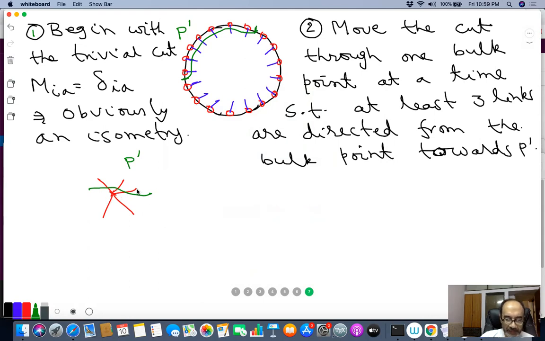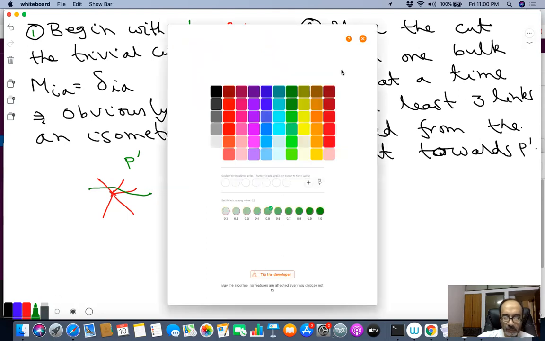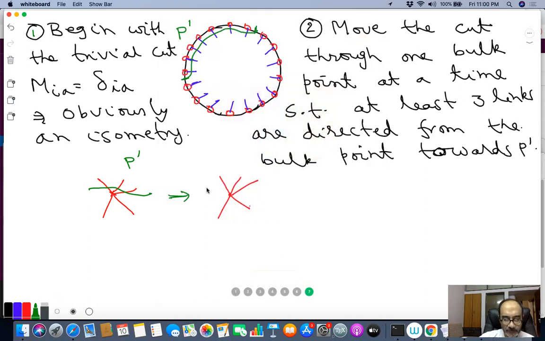Then we can move the cut across this, because there are 3 links that are directed towards P prime. From this bulk point, there are 3 links directed towards P prime. The move that is involved is that we keep everything else unchanged, but just move the cut to this point.